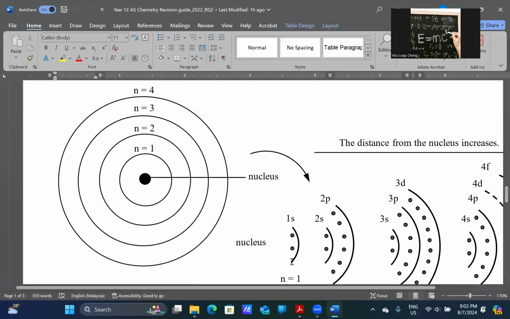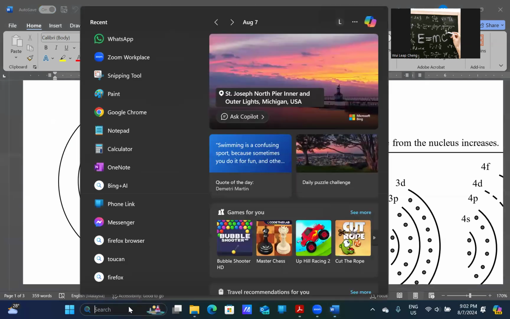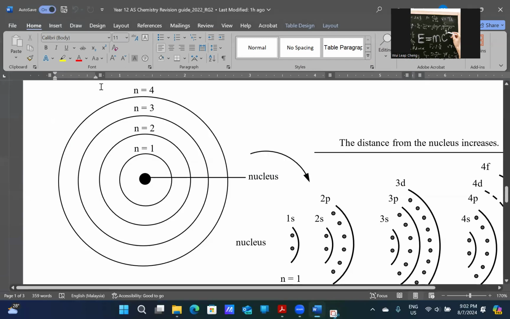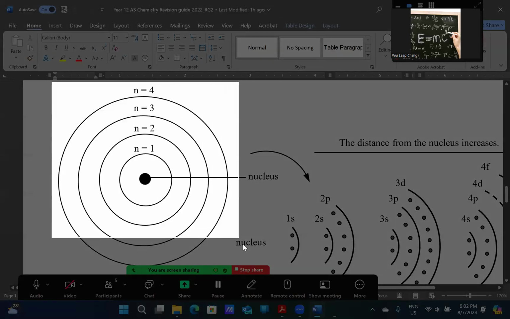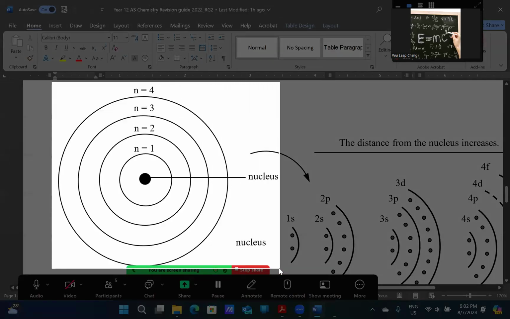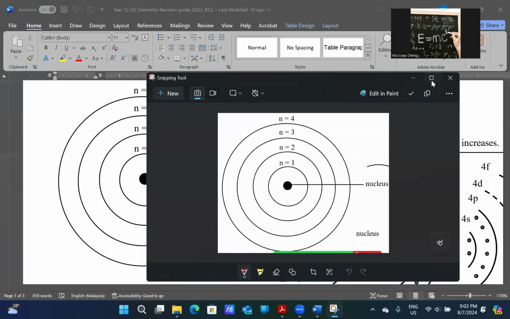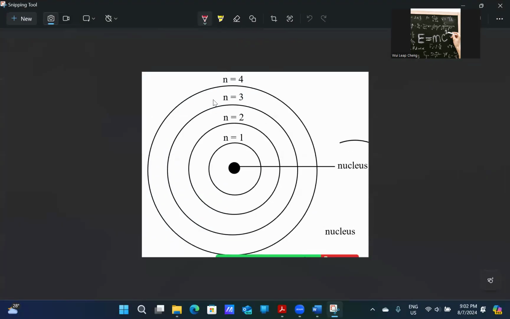Then let me tell you the labeling. Okay, the shell that is very far away, the one furthest away from the nucleus, we call the outermost electron shell.